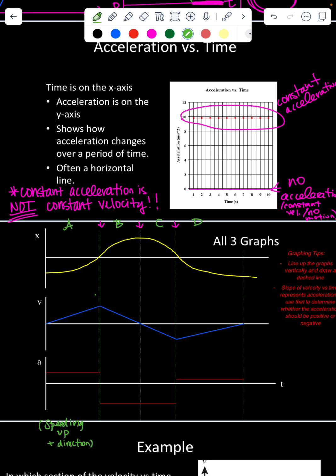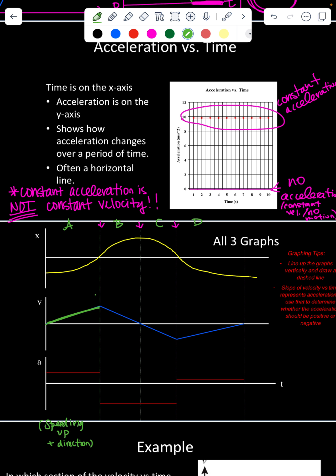If I wanted to turn that into a velocity versus time graph, first I look at the positive direction. That means that my line is going to be above 0. If I'm speeding up, my line is going to be trending away from 0, which is exactly what we see right there: a straight diagonal line going in the positive direction.